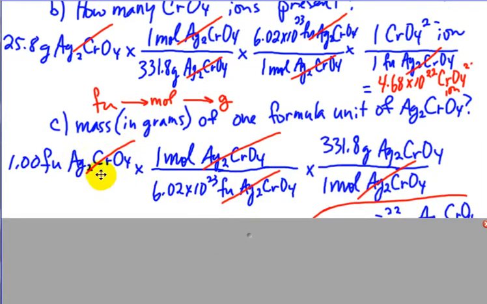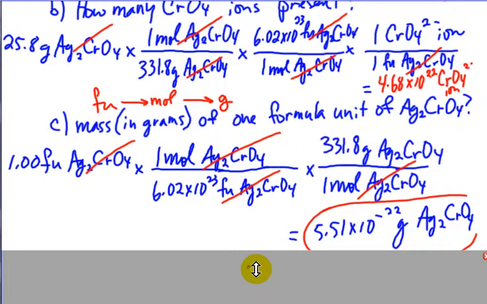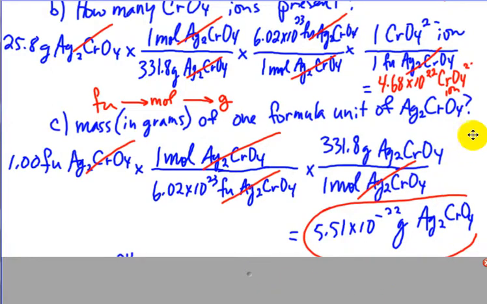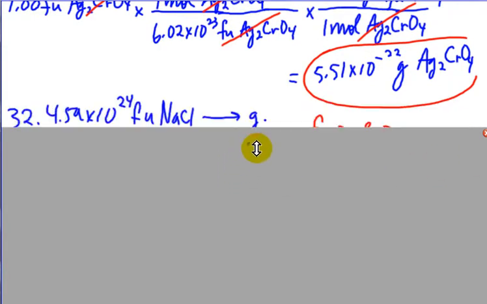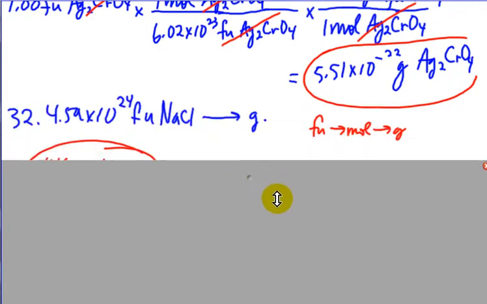This time we're going to divide by 6.02 times 10 to the 23rd. Be sure you type this in your calculator right. Use the EXP or the double E button. And then of course we figured out the molar mass earlier, so that's easy. 5.51 times 10 to the minus 22 grams Ag2CrO4. Okay, so we have this one now.